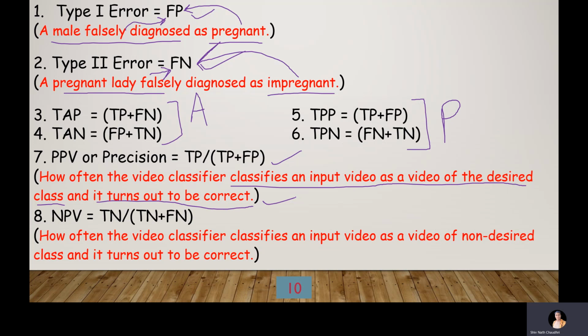The negative predictive value, NPV, is obtained by using TNs and FNs and it shows how often the video classifier classifies an input video as a video of non-desired class and it turns out to be correct.